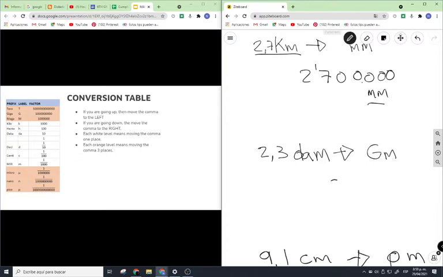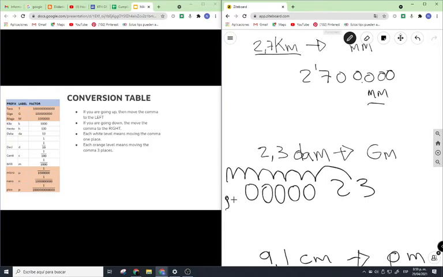So we have the 2,3 decameters and 8 places to the left. 1, 2, 3, 4, 5, 6, 7, and 8. Okay? So the comma is going to be here. Now we can erase the original comma. But remember, in all of these places are zeros. There's another one here.